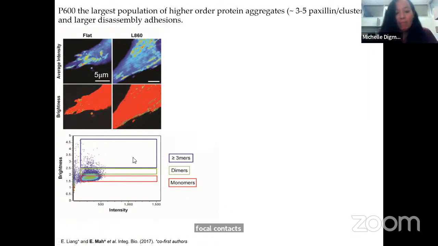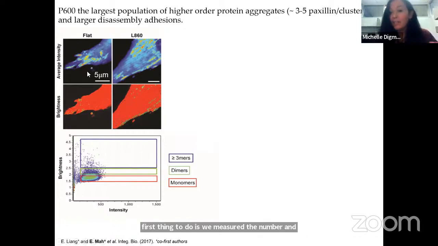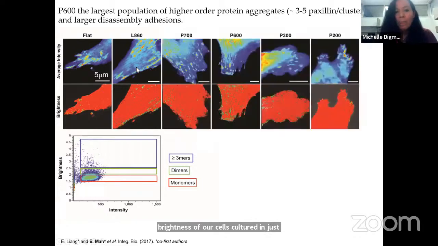So the first thing we did was measure the number and brightness of our cells cultured on just glass, and also on lines and on posts. And you see here representative images of the cells that were cultured on these different types of materials. With the number and brightness analysis, we were able to quantify the population of molecules that were clustered at a given time point.